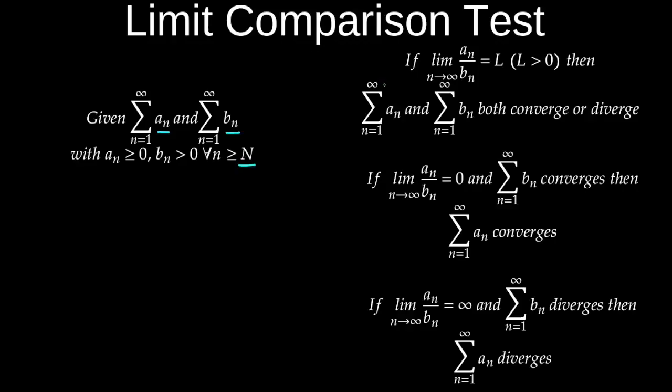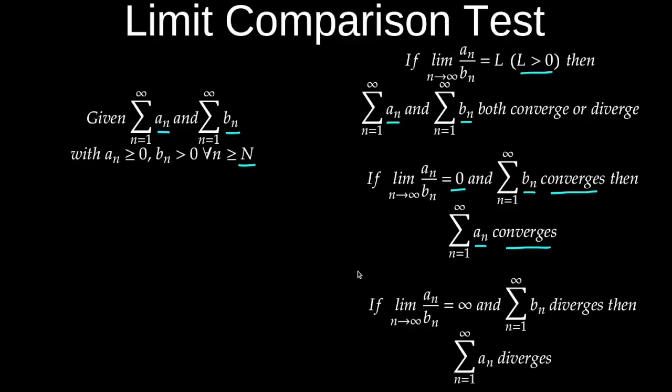So if the ratio of An and Bn as n approaches infinity is equal to a positive number, then both series An and Bn converge or diverge. And for the second rule, if the limit of An on Bn as n approaches infinity is equal to 0, and Bn converges, then An also converges.